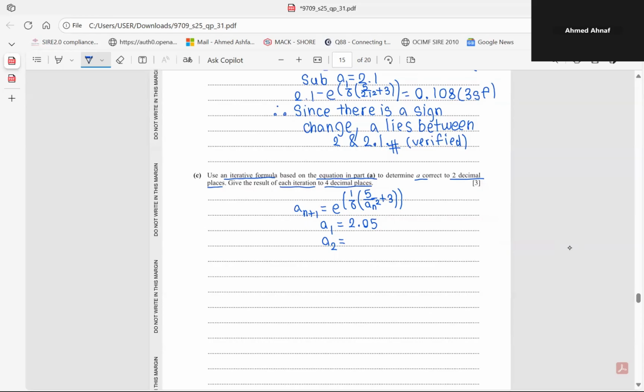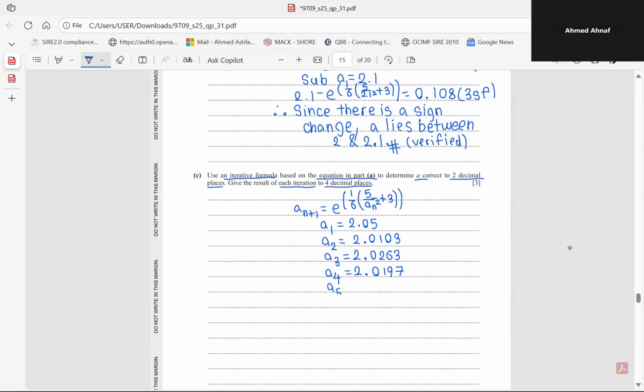So first answer we get 2.0103. Then the next one is 2.0263, and then we got 2.0197.